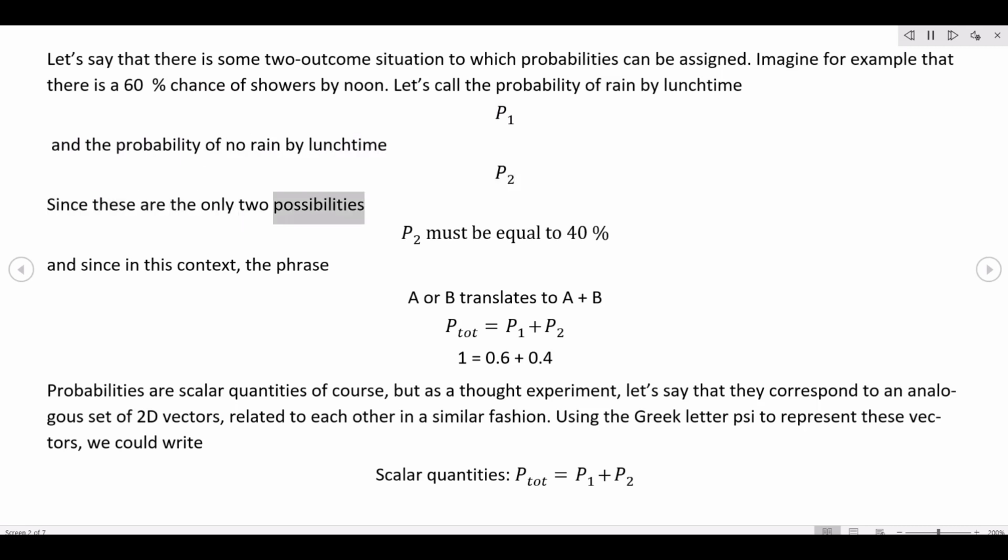Since these are the only two possibilities, and since in this context, the phrase... probabilities are scalar quantities, of course, but as a thought experiment, let's say that they correspond to an analogous set of 2D vectors, related to each other in a similar fashion.